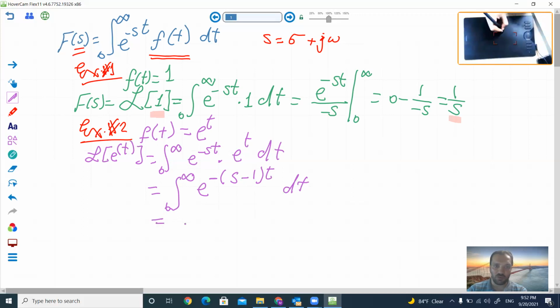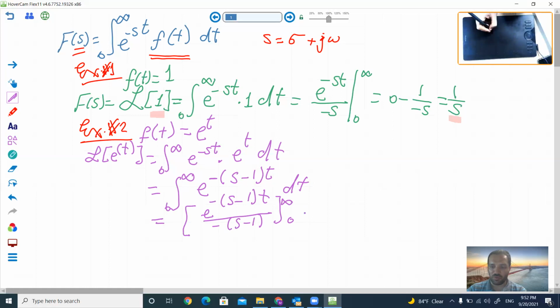The integration of any exponent is the same, so it will be e to the power minus s minus 1 t over this minus s minus 1, with the limits from 0 to infinity. This will be very easy, taking this denominator as a common factor.